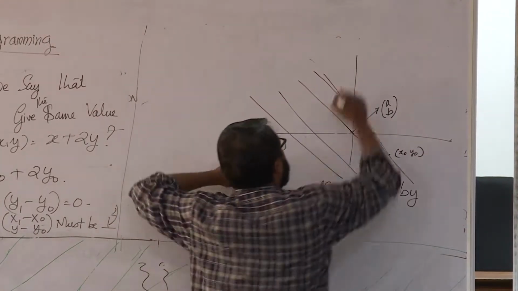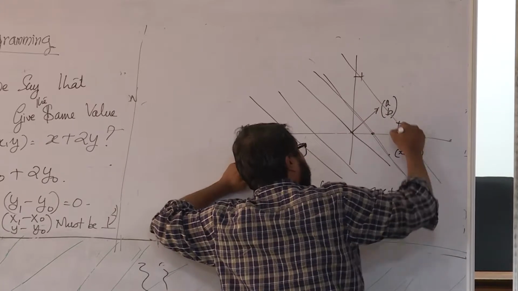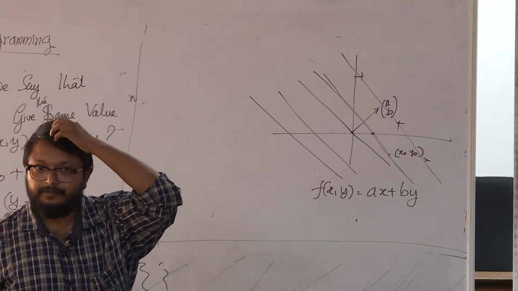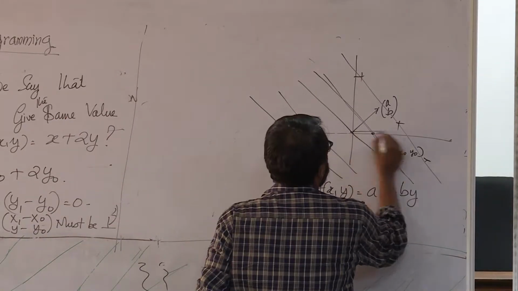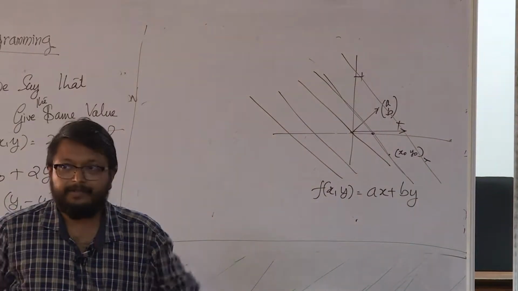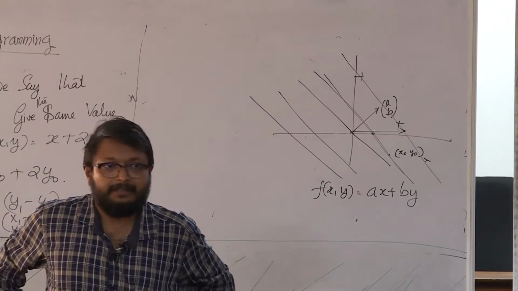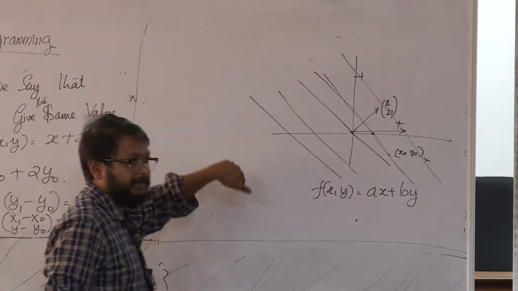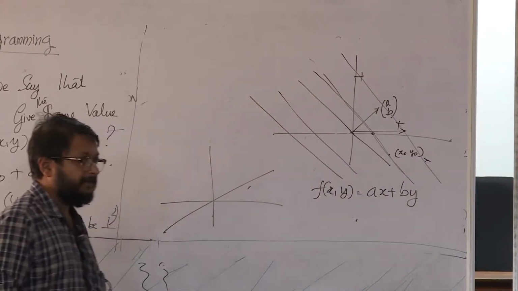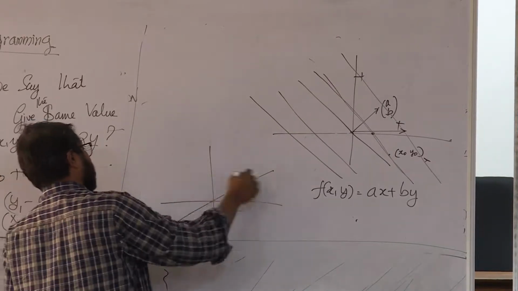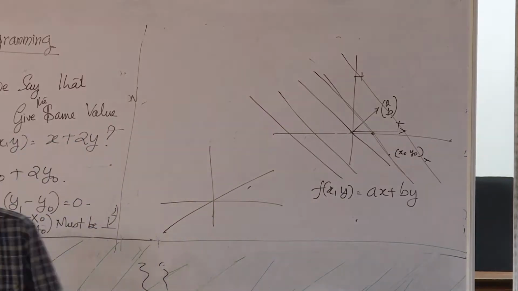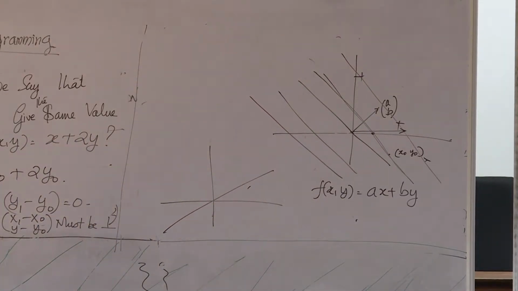On all points along a line to the right of this, the function's value will be the same. If I travel this way, the function's value might keep increasing. The increase or decrease depends on the nature of the coefficients. So, this is the increasing direction, this is the decreasing direction, and so forth. Fine. This is all the background we should have.